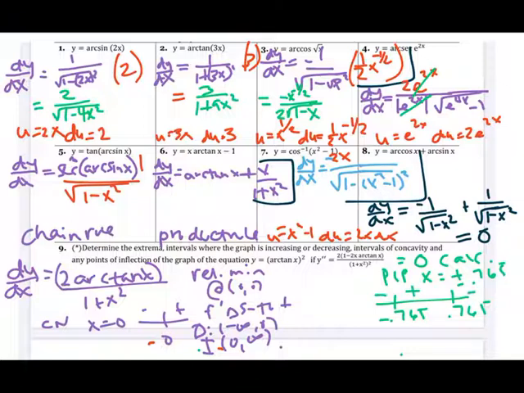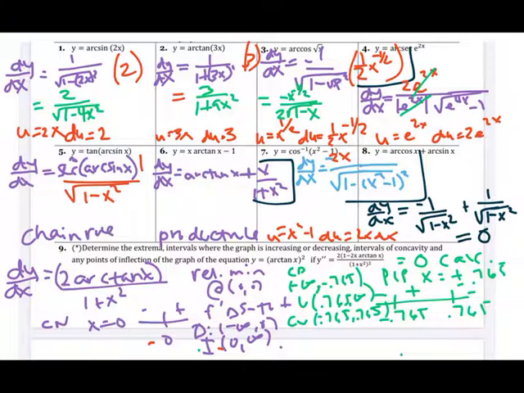So we are concave down from negative infinity to negative 0.765 and from 0.765 to infinity. We are concave up between negative 0.765 and 0.765, and that is true because the second derivative is positive.